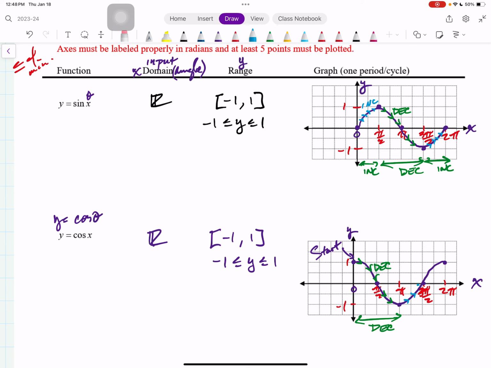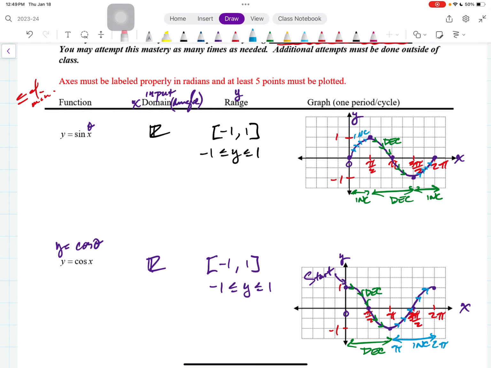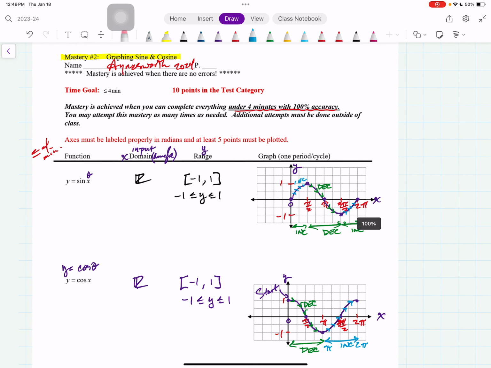So from pi to 2 pi, in this next interval, it's going up, so it's increasing. So those are questions that are going to be asked too, so make sure you understand that as well. In fact, that should be part of the mastery, you know what I mean? I should include that. I'm going to have to rewrite the mastery and include that in there because that was cool.